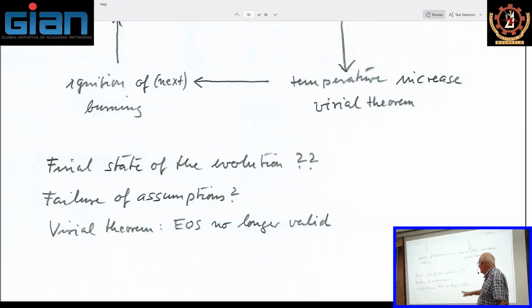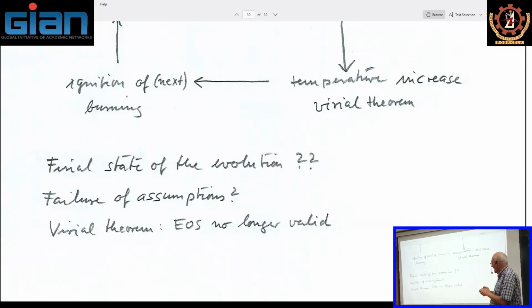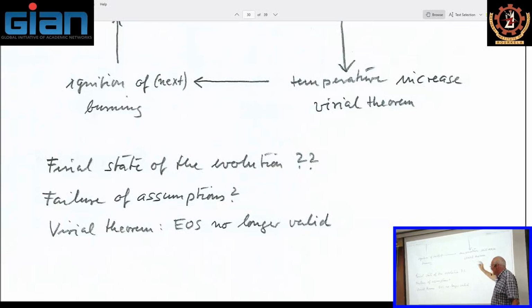So in the course of the evolution, this assumption will fail, and the virial theorem in its form given by Professor Yadav will no longer be valid. We cannot apply it anymore. And the virial theorem is responsible for an increase of temperature once the star contracts.